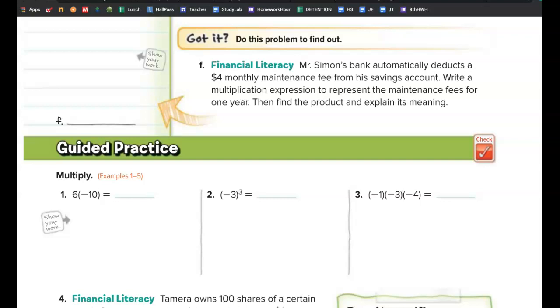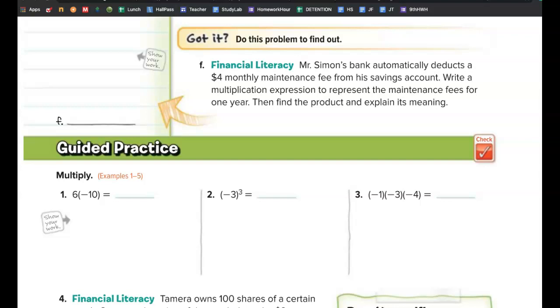Steven, what's one thing we need to know from that? It automatically deducts $4 monthly.